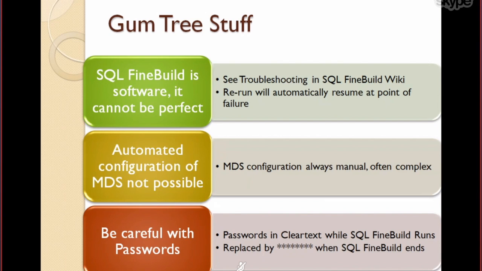If it doesn't complete successfully, all of those passwords will remain there in clear text. So if you restart FineBuild and continue to completion, then you can be assured that all of your passwords and your PID, your product key for SQL Server, and one or two other sensitive items will be replaced by asterisks.